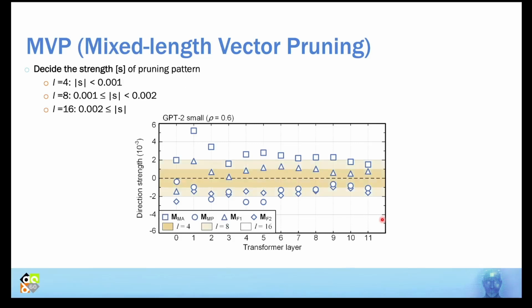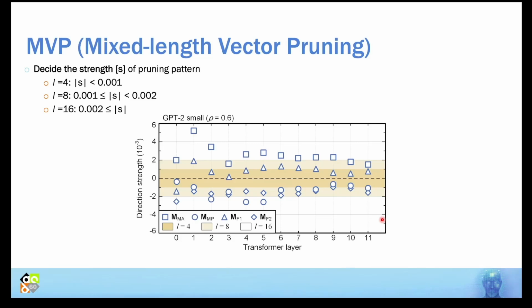Based on this, we set a threshold on the direction strength and performed structured pruning with a vector length of 4 within the range. And as the threshold is gradually increased, the vector length is also increased. Larger vector lengths increase efficiency at the hardware level due to stronger structures.